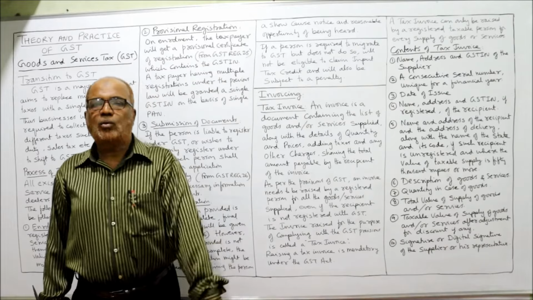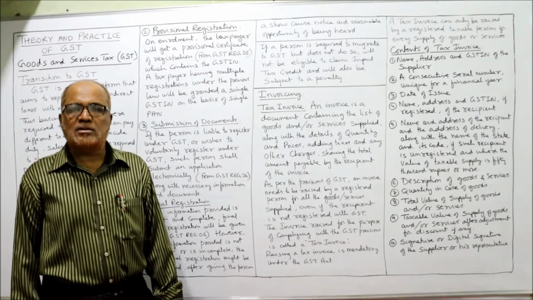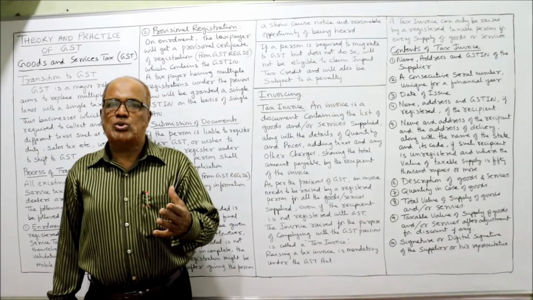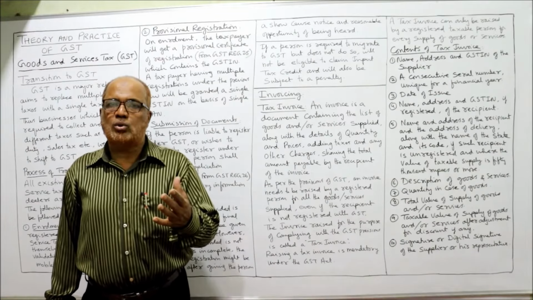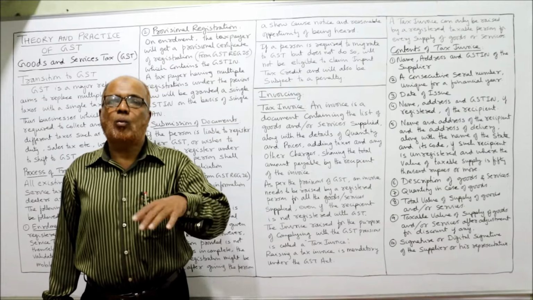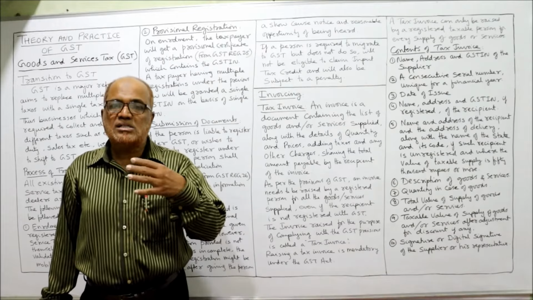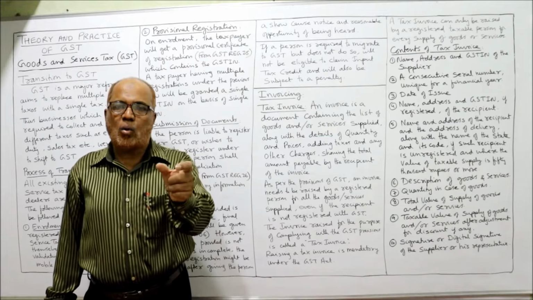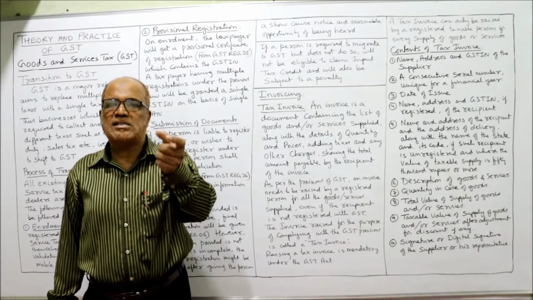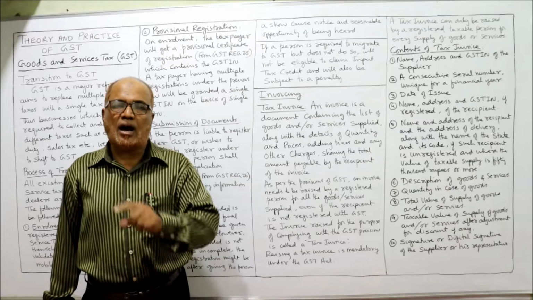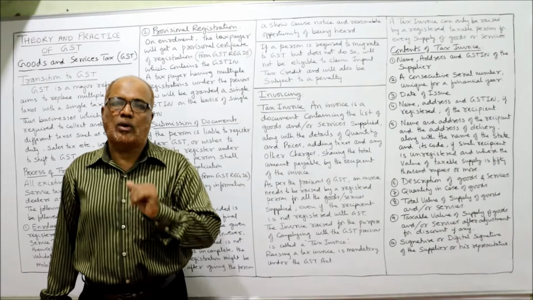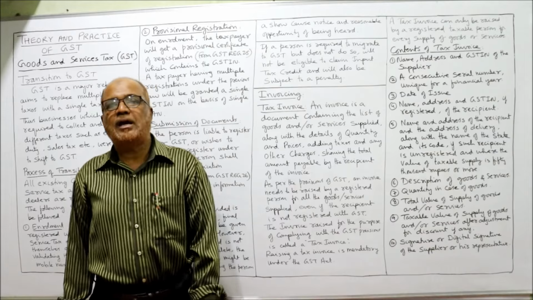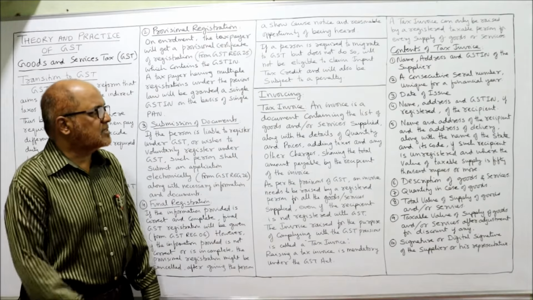In this invoice, he will specify the type of goods, the nature of the goods, the quantity, the price, and how much is the tax. All the details regarding quantity, price and taxes are included in this invoice, and this invoice will be issued to the recipient of goods and services.